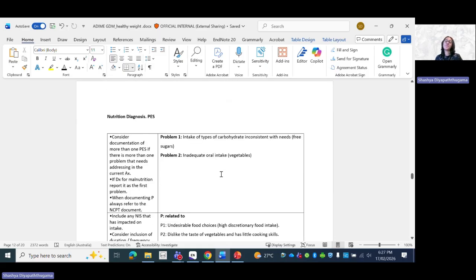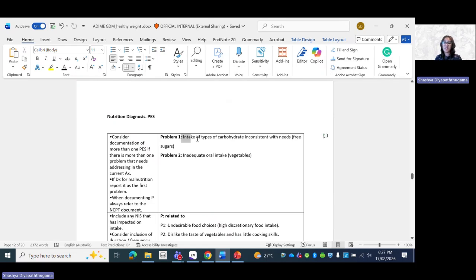Then going ahead, we have to write the PES statement. So we have to identify the problems. So the first problem, as I've been discussing, is the intake of types of carbohydrates inconsistent with the needs, particularly the free sugars, because as I said, the total energy is fine, carbohydrate quantity is fine, but when it comes to the types of carbohydrates, she's having high free sugars.